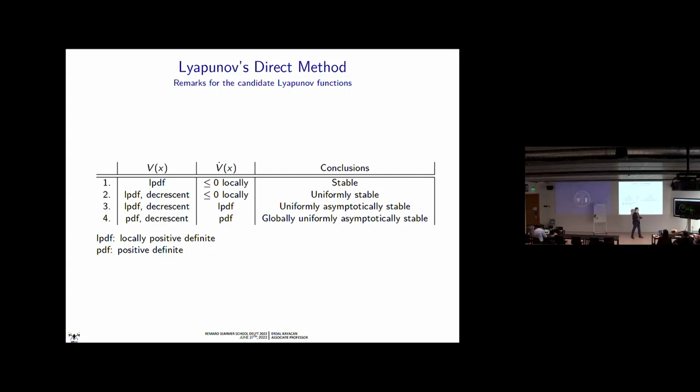So let's say your system is globally asymptotically stable. It means you are going to go to 0. But how fast are you going to 0? If you are going to 0 with an exponential function, then you say my system is globally exponentially stable.